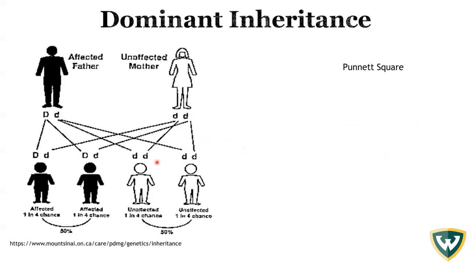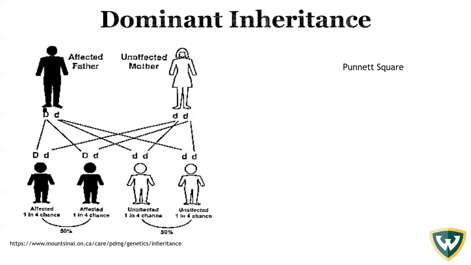So let's start with the dominant inheritance. So dominant inheritance really refers to a disease that is caused only by one pair of genes not functioning, or one gene not functioning well. So what this looks like is you could have an affected father.